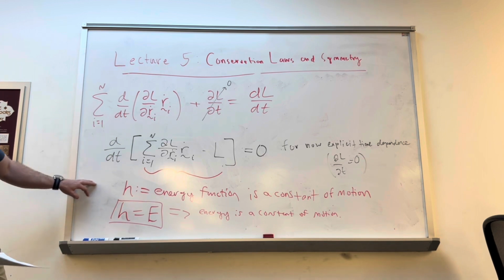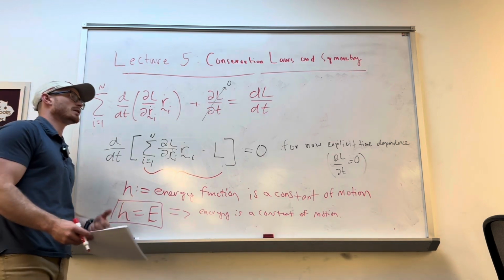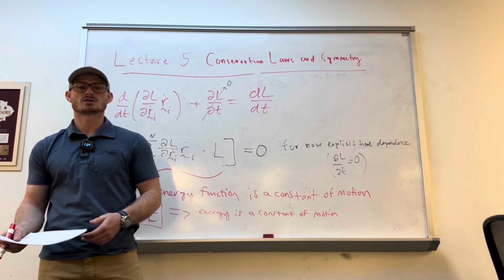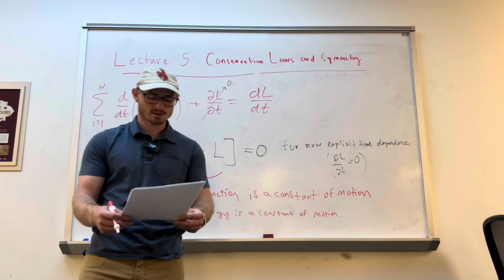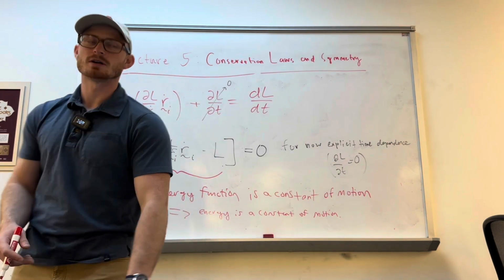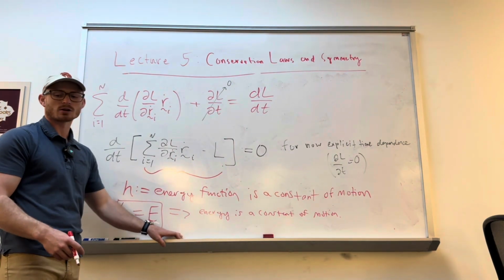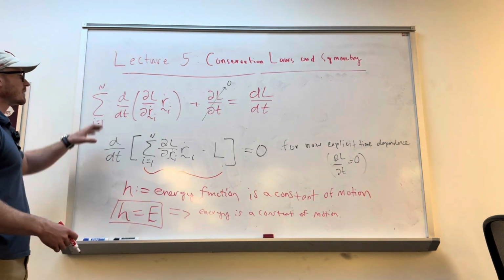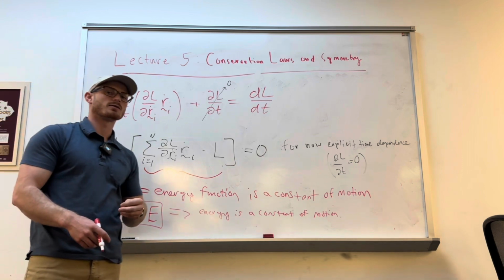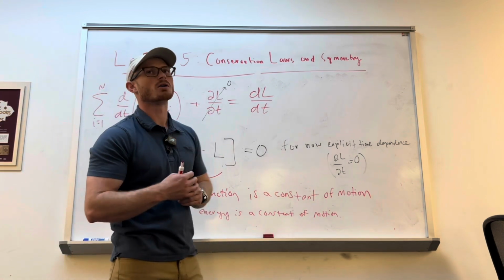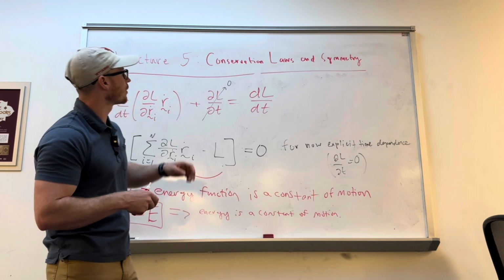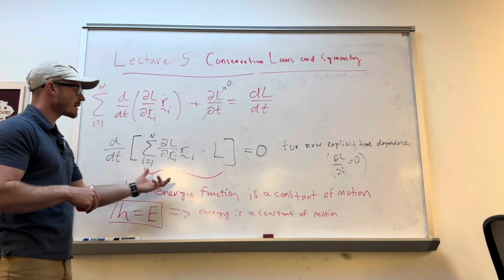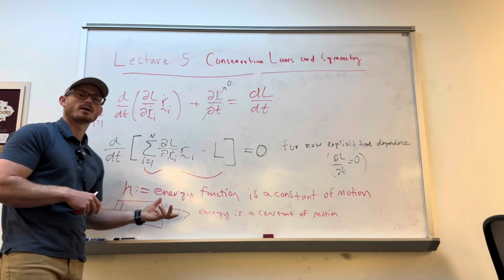Now, an interesting interpretation of this, right? In linear and angular momentum, we invoked the concept of translational invariance or the homogeneity of space. But we can actually interpret this result in a similar way, but with respect to time. So essentially, all we've done here is by taking this time derivative of the Lagrangian, we've said, oh, the Lagrangian going from one time to another requires that the energy stay conserved, right?